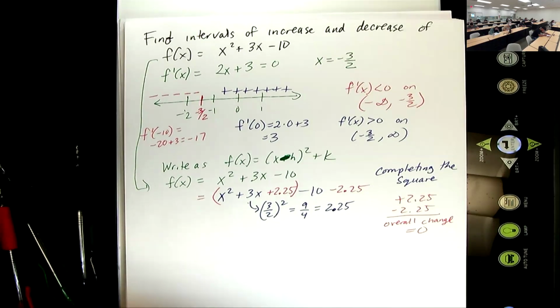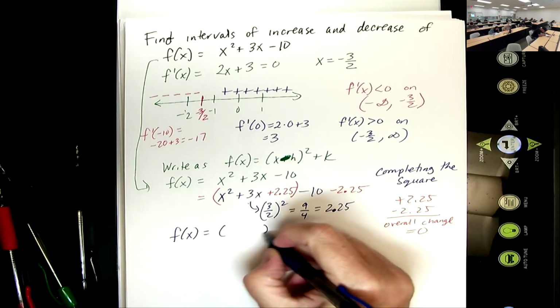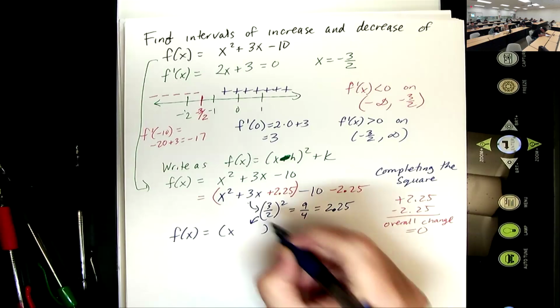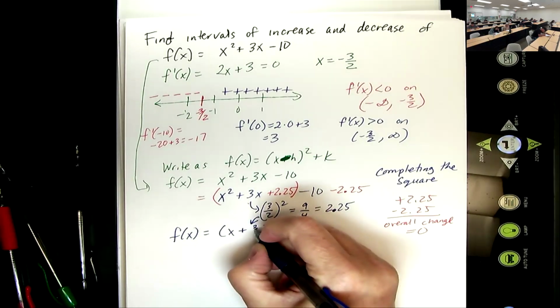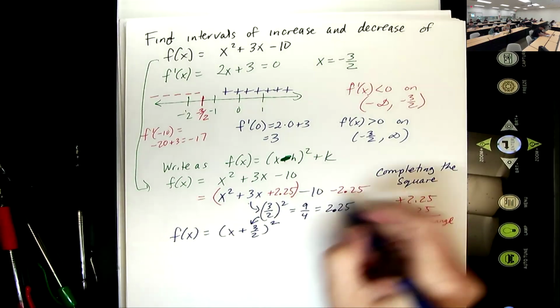If you've done completing the square before, this part will look familiar, hopefully. We're gonna take this value that we squared and drop that right here, and write it as a square, and then whatever we have left over on the outside.